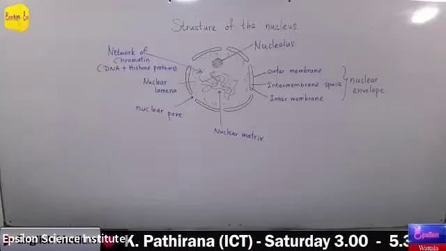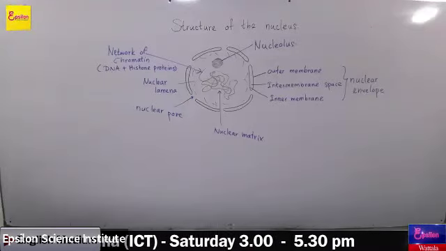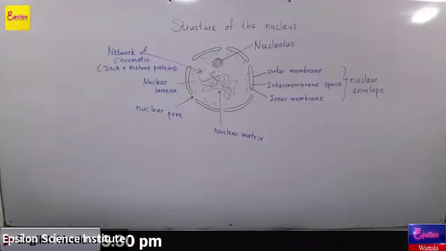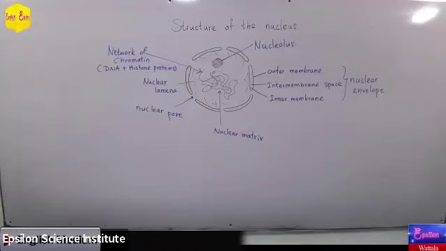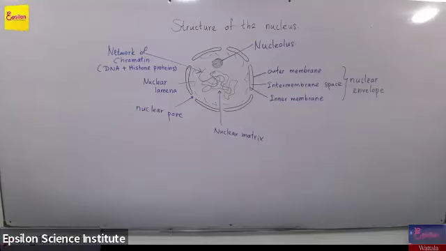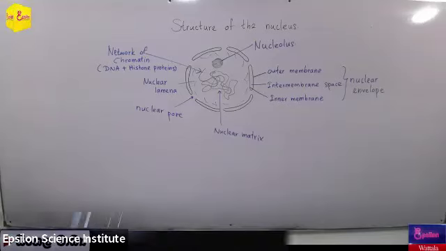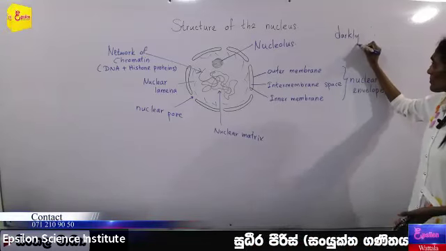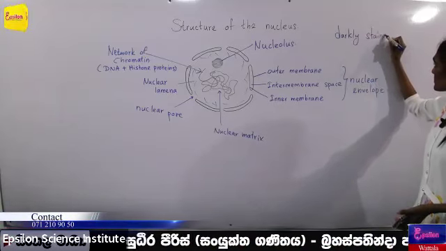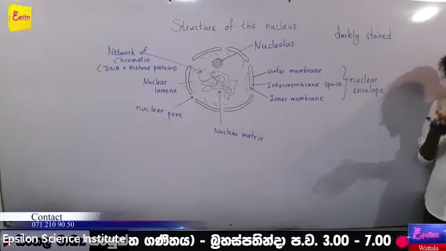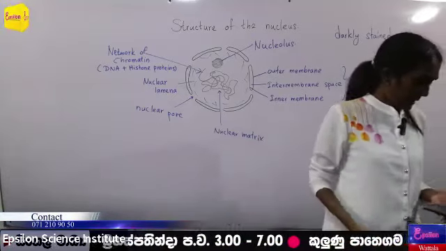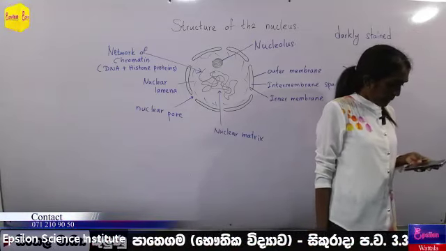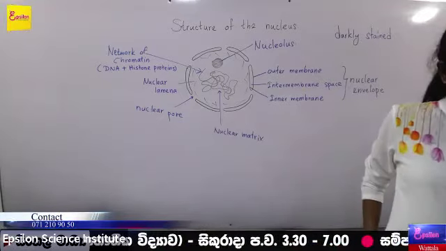Next one. Nucleolus appears as darkly stained granules with fibers adjoining part of the chromatin.